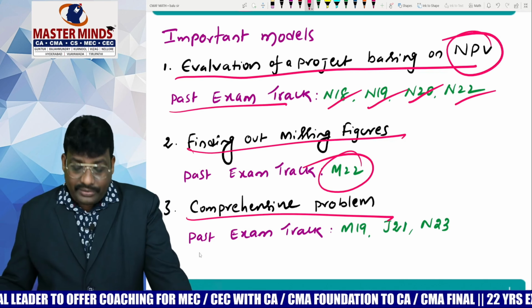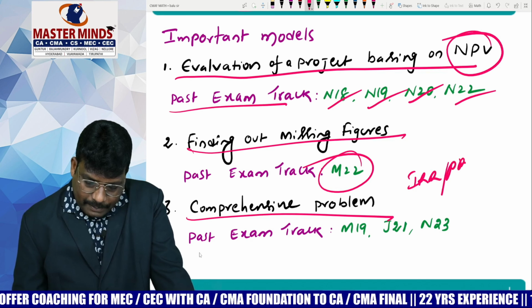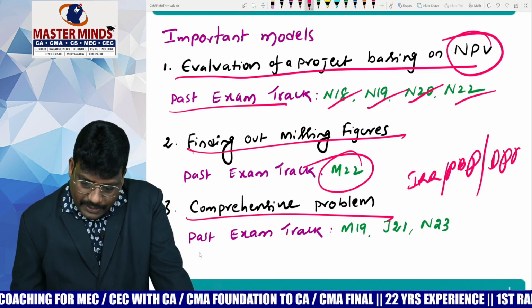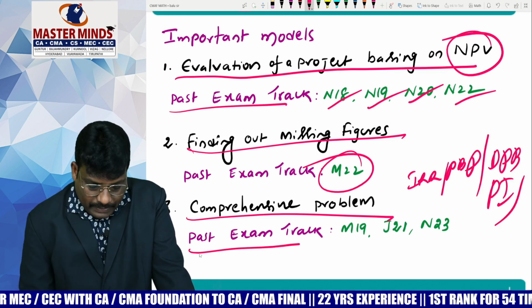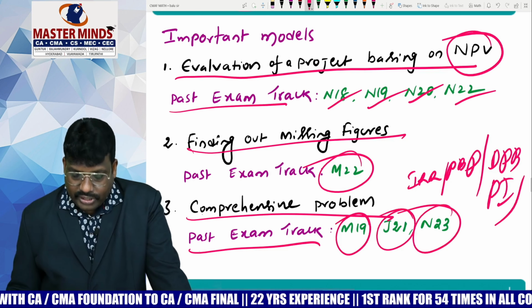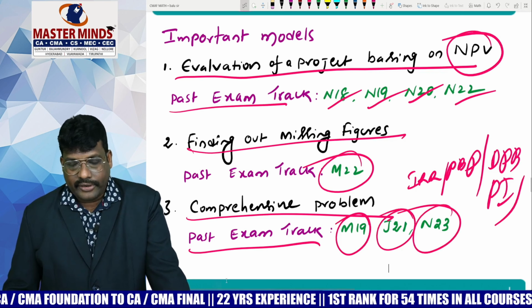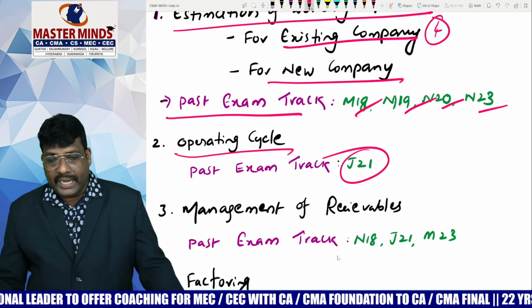This model is also very, very important. Here it consists of IRR, payback period, discounted payback period, profitability index, whatnot, all the methods will be covered. In past exams, May 19, January 21 and November 23 they also asked, right? So estimation of various individual holding periods and calculating operating cycle.